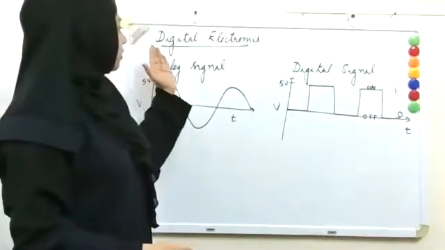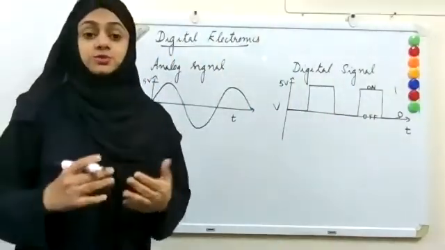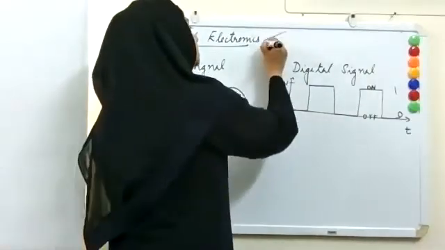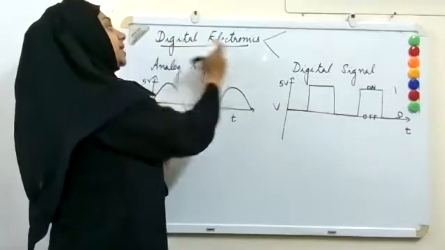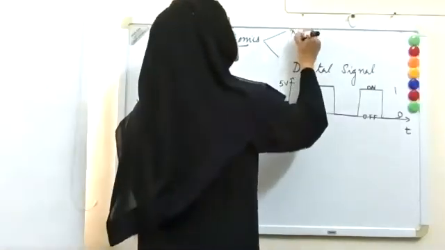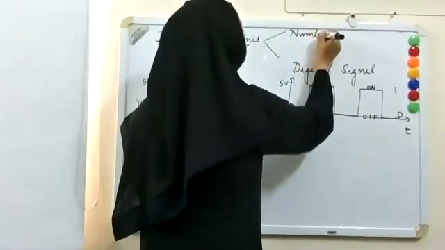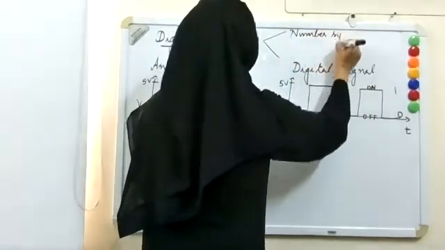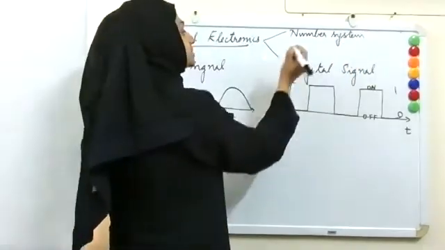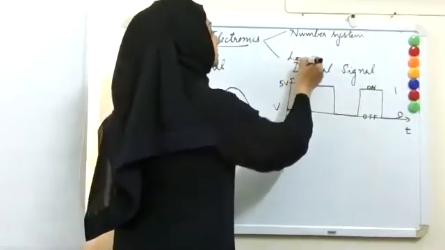And in whole of the digital electronics, when we are dealing with the basics, there are 2 areas that come. One is the number system. And then comes the logic gates.